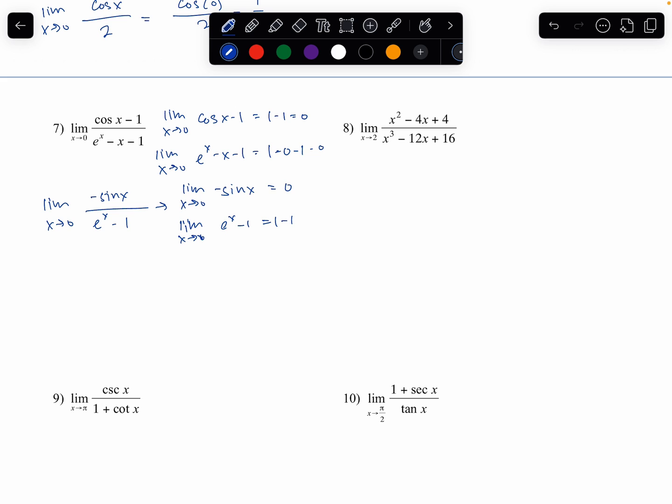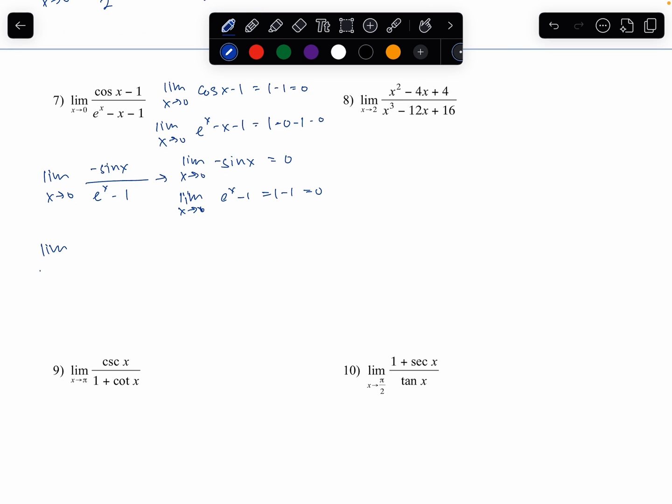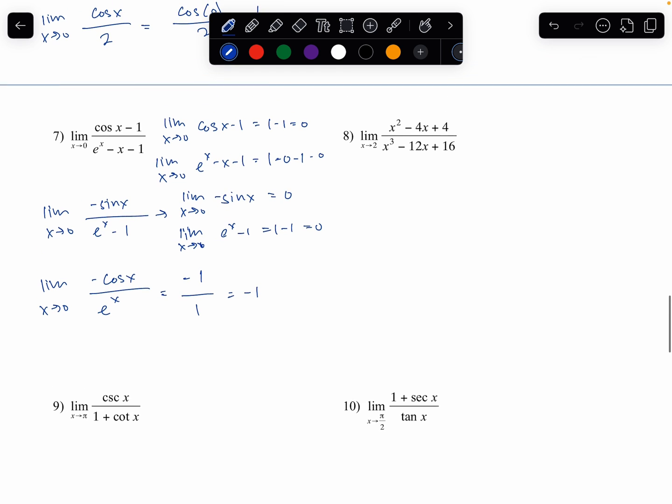Because e to the 0 is 1, we have to use L'Hopital's rule again. The derivative of negative sine is negative cosine of x over e to the x, and that's it right there. So now plug in 0, and we get negative 1, because cosine of 0 is 1, so negative 1 is the solution.